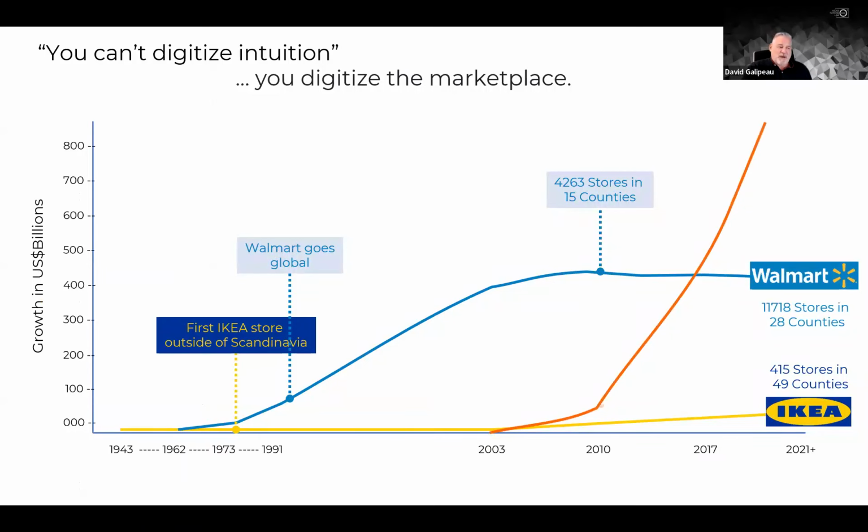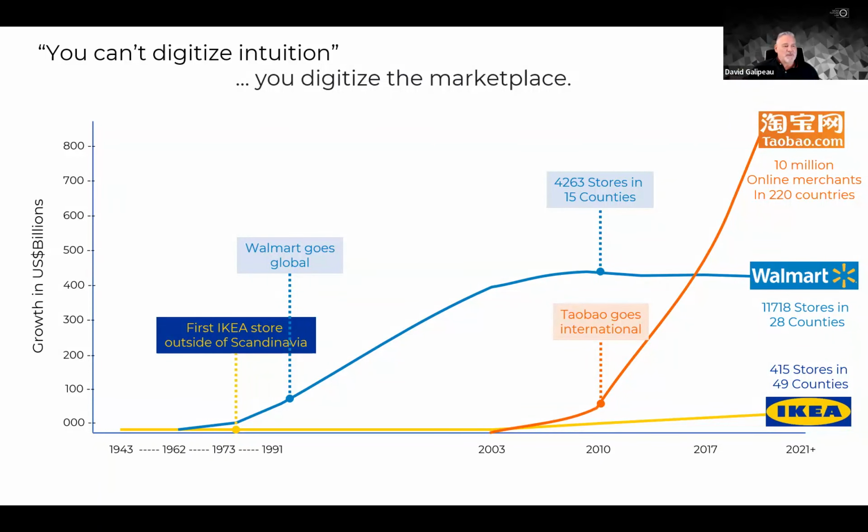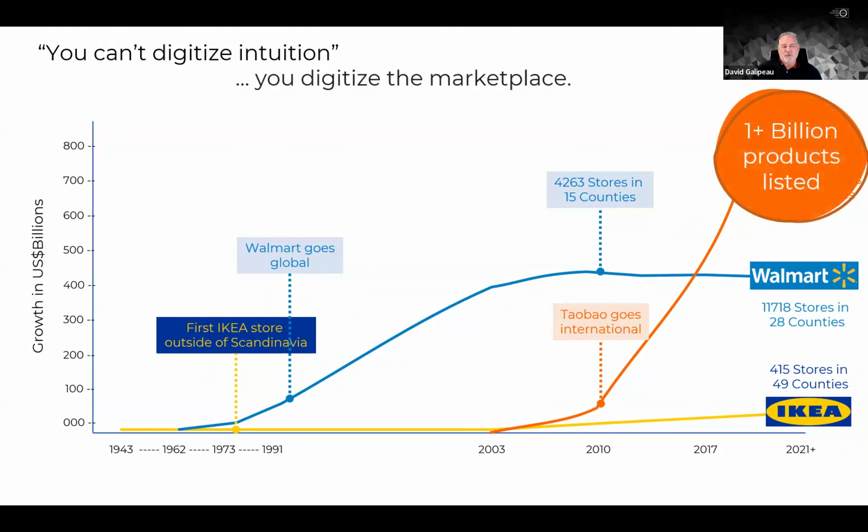You look at Taobao. Taobao started really around 2010. In 10 years, 10 million online merchants, 220 countries, over 1 billion products listed in Taobao right now. So you can imagine the expansion of Amazon and where that could go. Imagine the expansion of a lot of these digitalized platforms and where they can go.